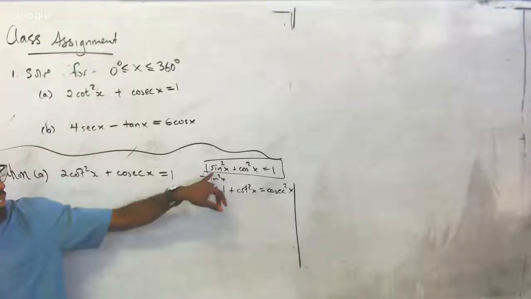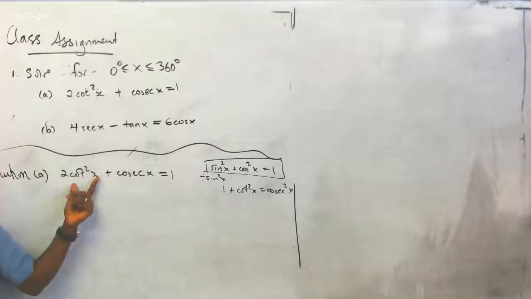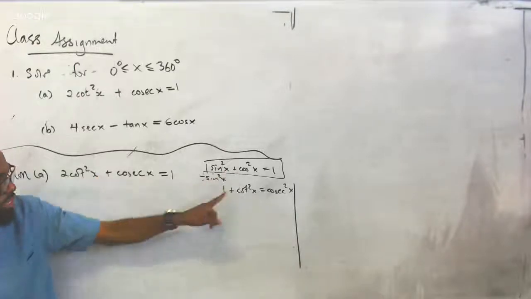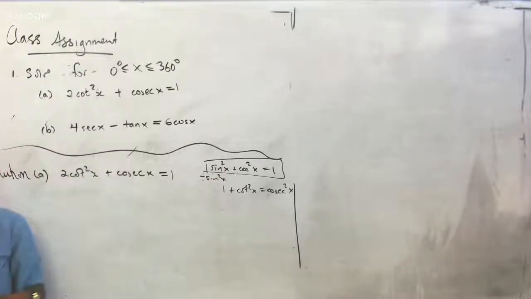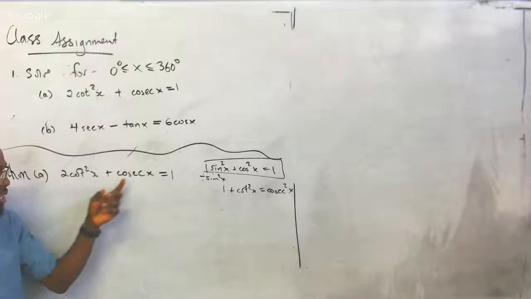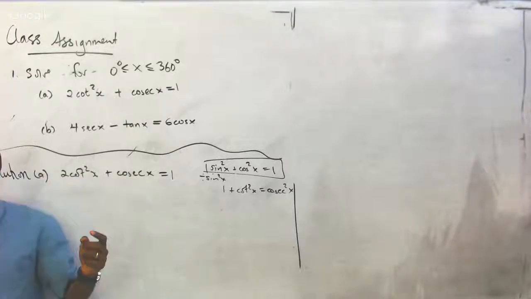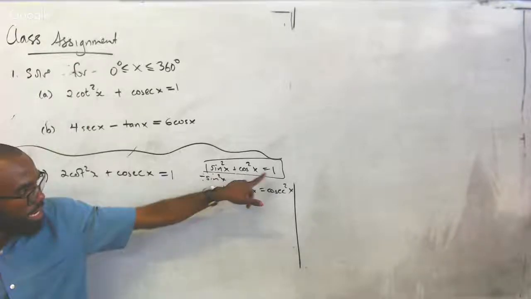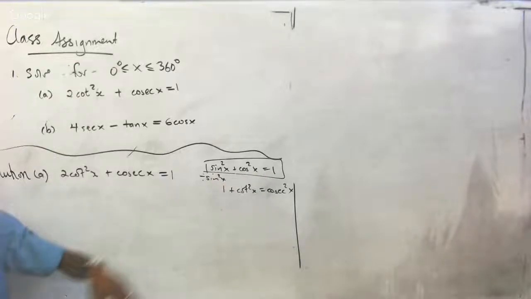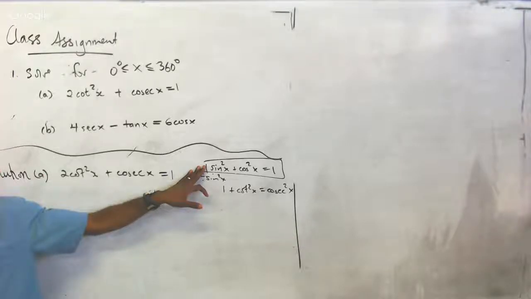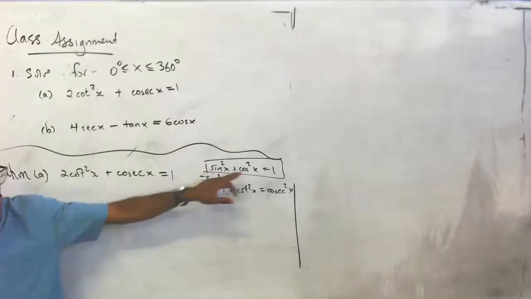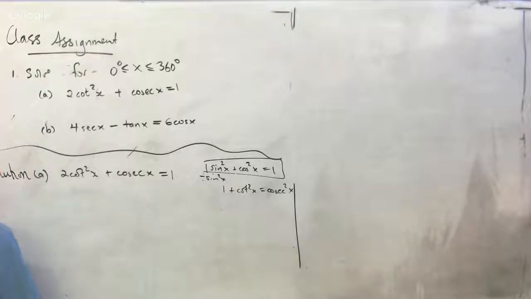Or you can ask, what did I divide by? In other words, how do I get this identity to involve cotangent and cosecant? Because I remember a cosecant is 1 upon sine, I said, divide the entire equation by sine squared. The entire equation will be divided by either sine squared or cosine squared, to get rid of one of them. Right? Good?